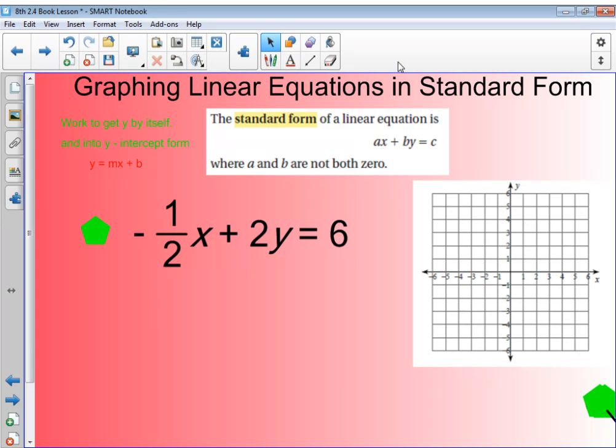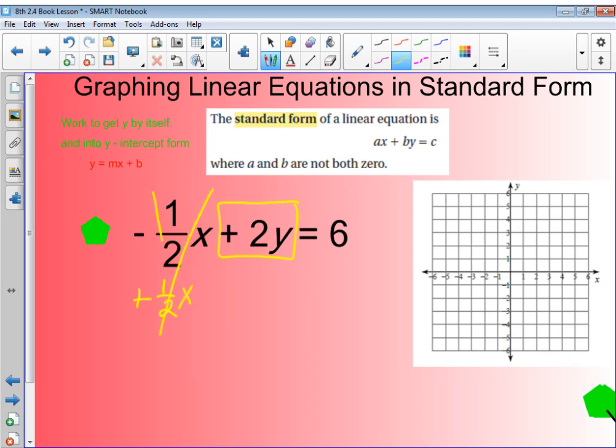This one's kind of complex. That's why I said let's do this one together. So if we go to get our y by itself, I'm going to have to leave this for now. So we're going to say plus 1/2 x to get rid of that. Plus 1/2 x.